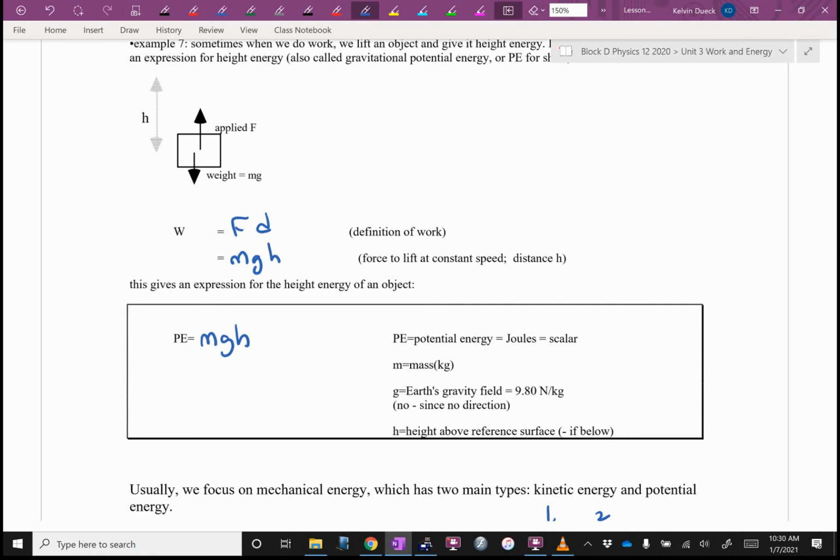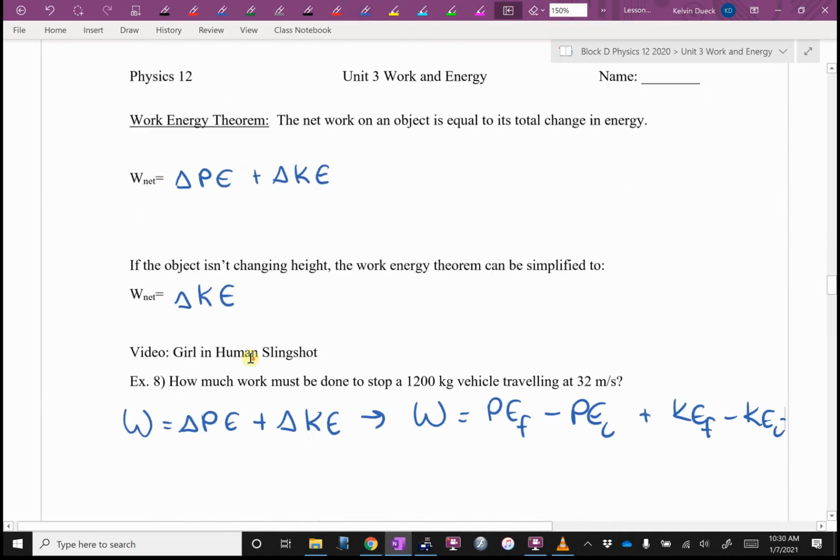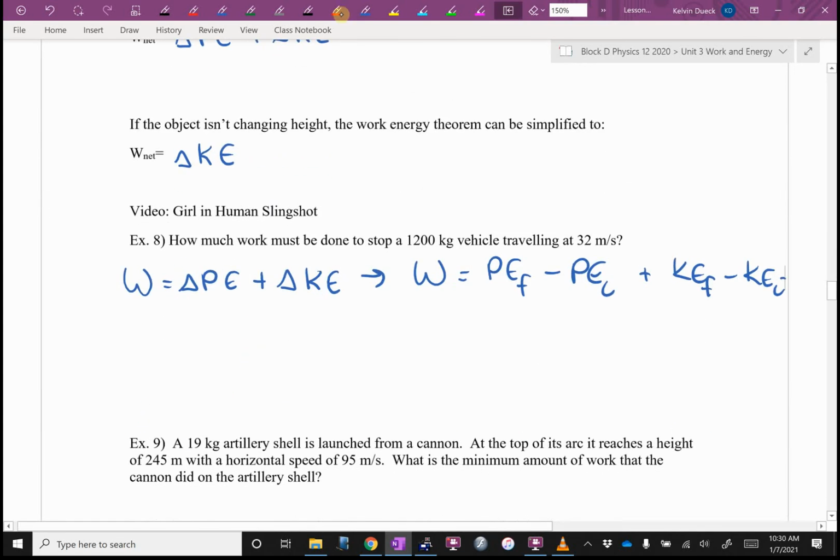No. So you know what my change in height is? As a number exactly? You know what my change in potential energy is as a number exactly? So because it's level ground, I can cross this one out or I can cross that one out. But I wanted to show you that they are both final minus initial, so this one time I wrote them out. Okay.